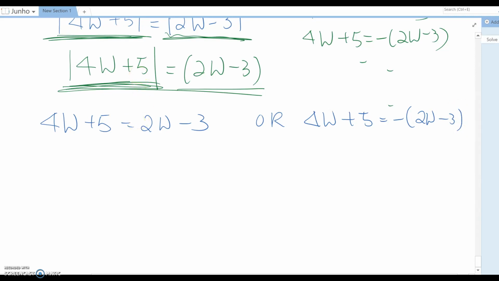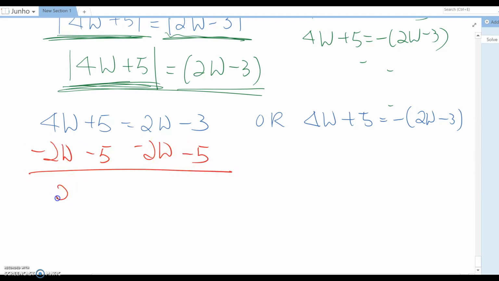So subtract 2w, and at the same time subtract 5. Then 2w equals -8. Divide by 2, then w = -4.